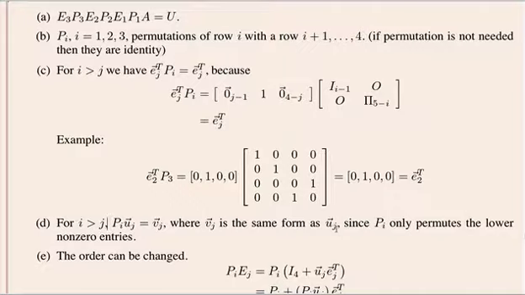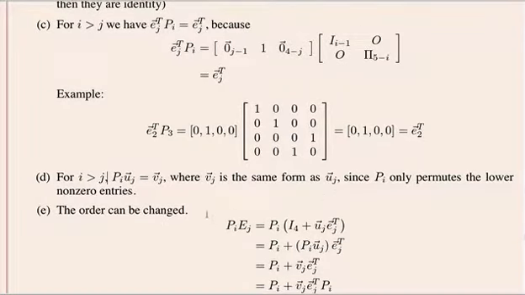P_i only permutes the lower non-zero entries. So then that will mean that the order can be changed.